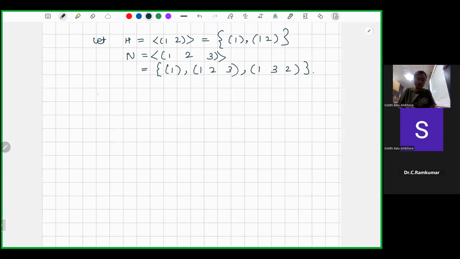In general, a subgroup H is called normal if for all g in G, g H g inverse is a subset of H again.